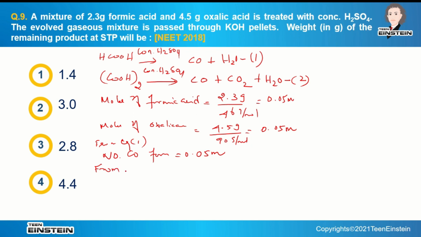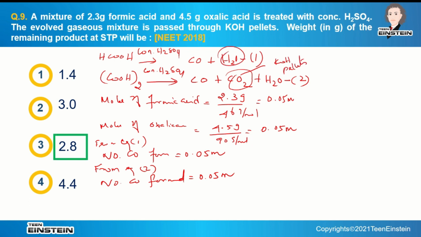From equation 2, the number of carbon monoxide formed is 0.05 mole. Here the formed carbon dioxide is absorbed by KOH pellets, and the water molecule is absorbed by sulfuric acid, that is H2SO4.